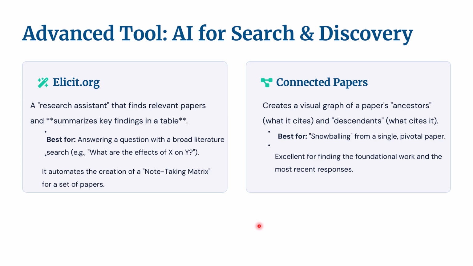Now we are looking at some advanced tools, AI tools to help in conducting a literature review. The first here is Elicit.org. Elicit.org is a website and a research assistant powered by artificial intelligence, and it's best for answering a question with a broad literature search.